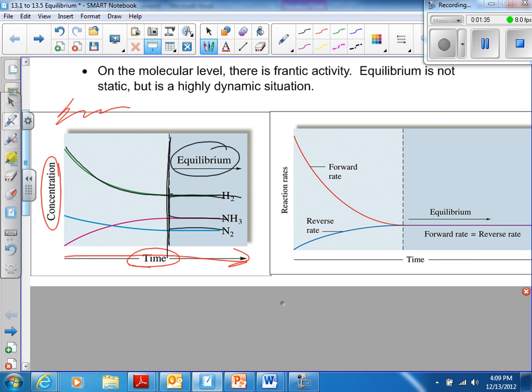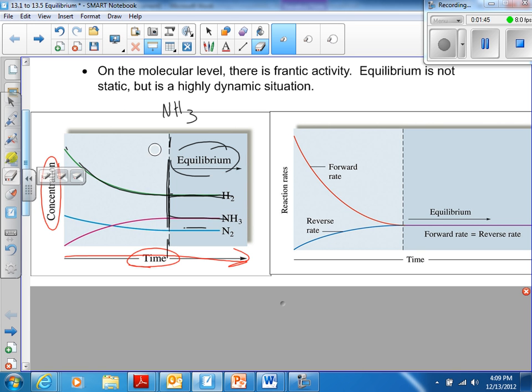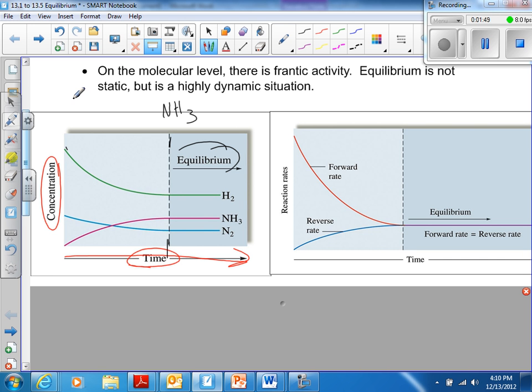And just for your information, in this particular reaction, NH3 is a product. You should be able to figure out the reaction just from looking at the graph. We know that NH3 is a product, and we know that N2 and H2 are decreasing, so N2 and H2 have to be reactants.